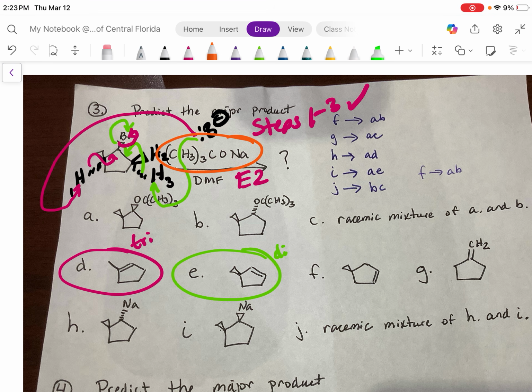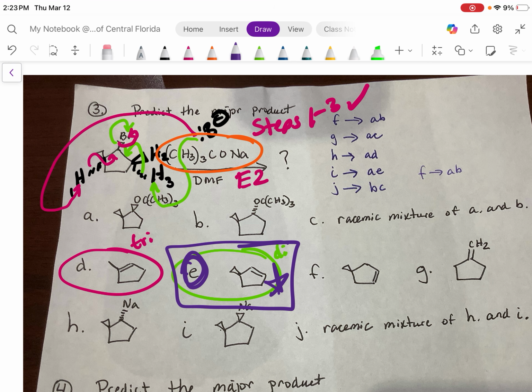And so that's going to promote selection for H3, because that's less sterically difficult to get to. H1 is more sterically hindered than H3. So kinetically, what is going to form fastest would be abstracting proton 3. So the major product here would be E. That would be the correct answer because we have to factor in steric effects.